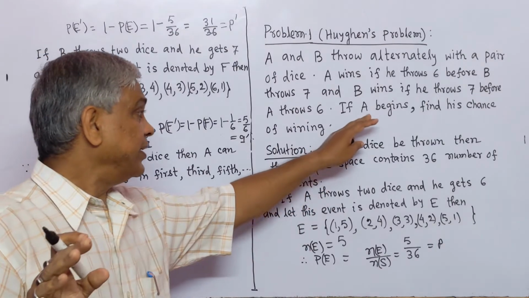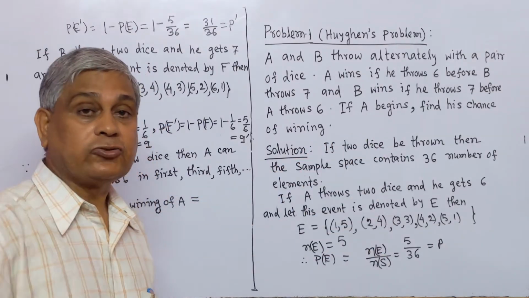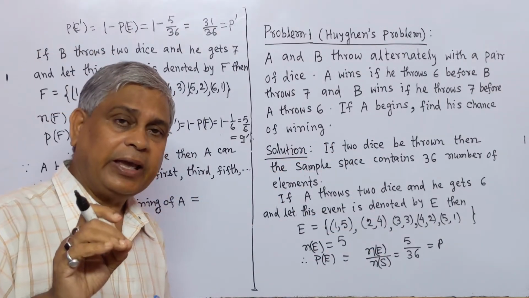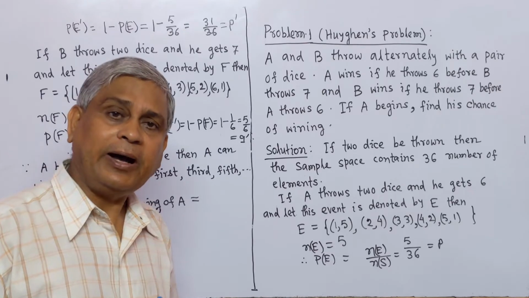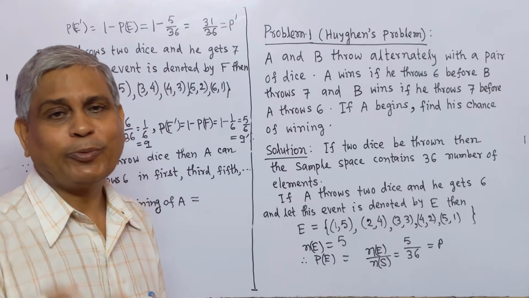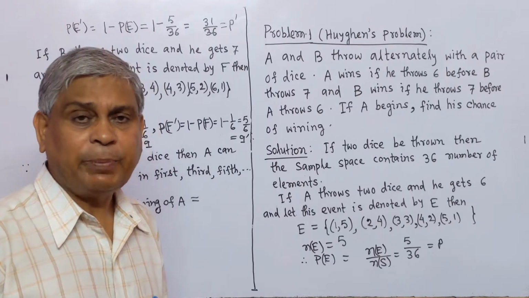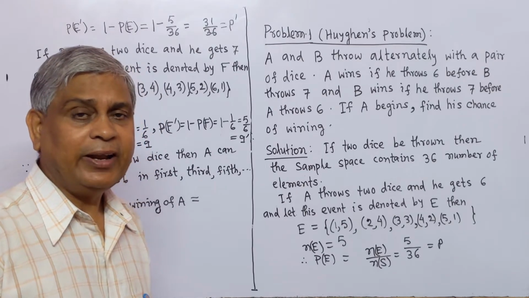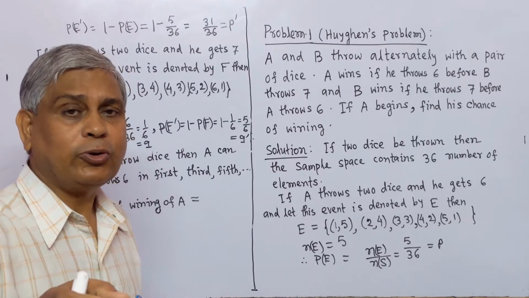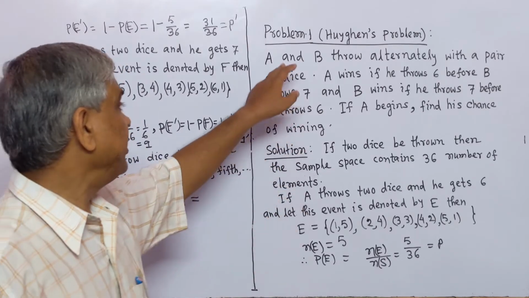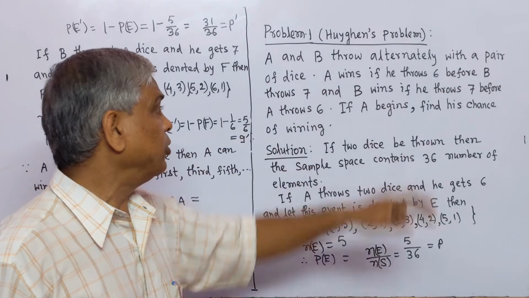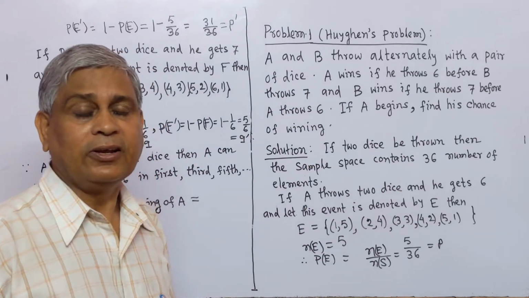Since it is given that A begins to throw, if A wins in the first throw, then our problem will be solved. If A does not win in the first throw, then B will throw 2 dice, because here it is given that A and B throw alternately.